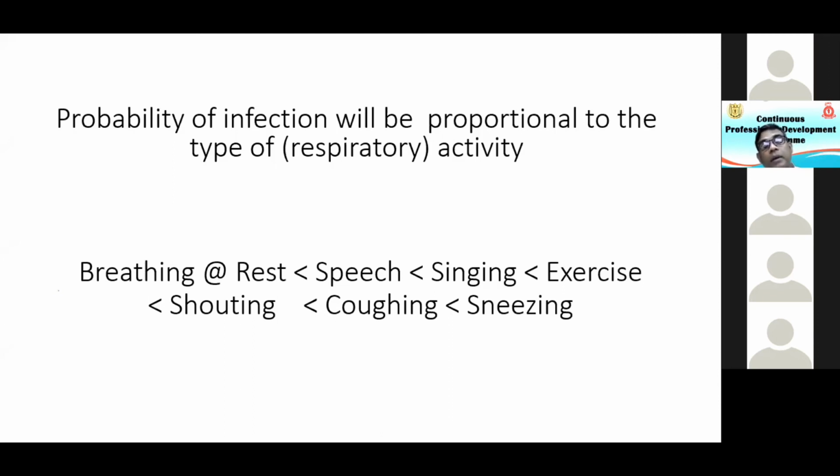Shout, the concentration increases further. Cough, it goes further, and sneezing. So the type of respiratory activity decides the amount of droplets that a contagious person produces. In that case, if you can avoid face-to-face confrontation with a symptomatic individual, the risk of acquiring COVID will also go down.